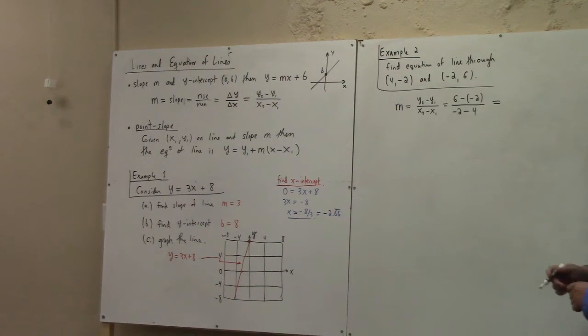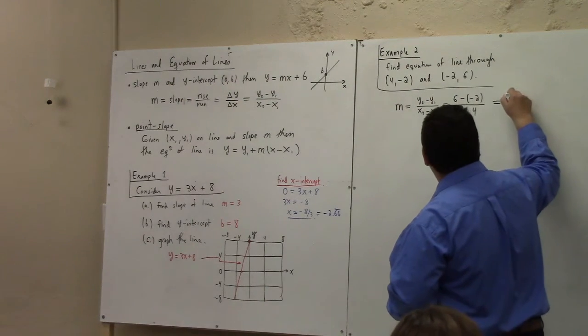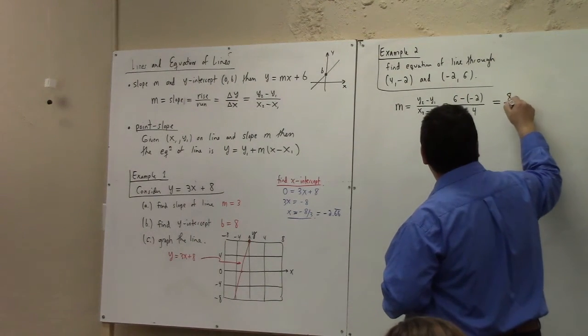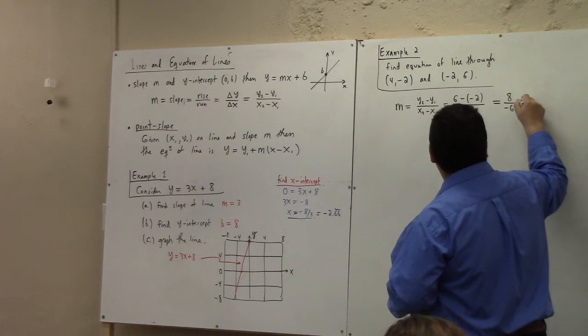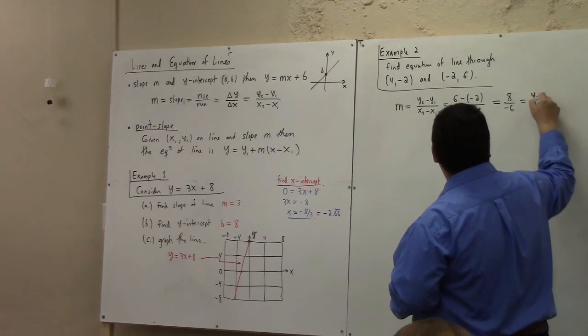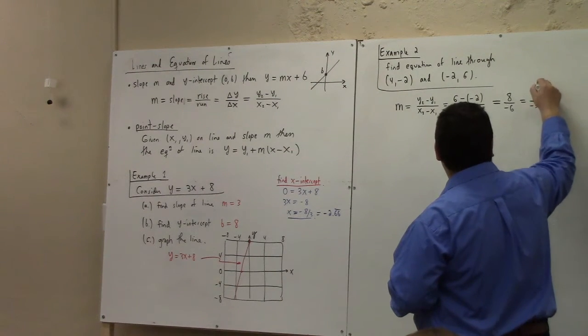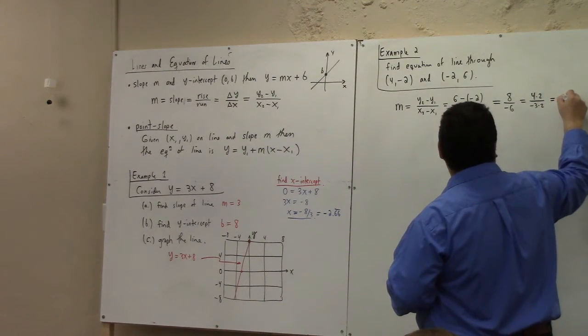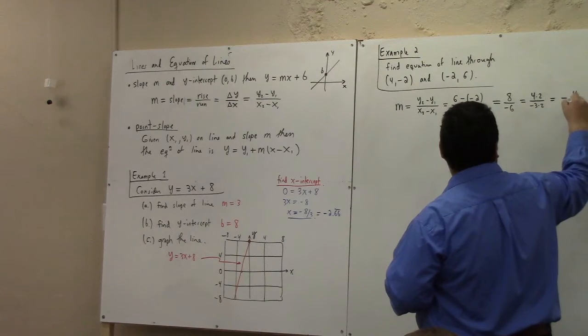So we got 8 over minus 6. Let's see here, that's 4 times 2 over minus 3 times 2. I can cancel the 2's. I got minus 4/3. Minus 4/3 is my slope.